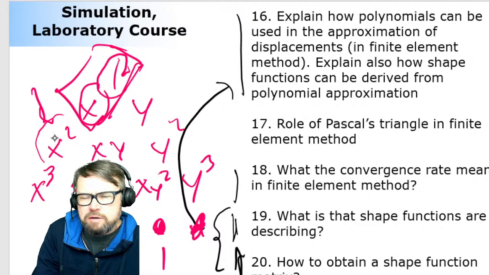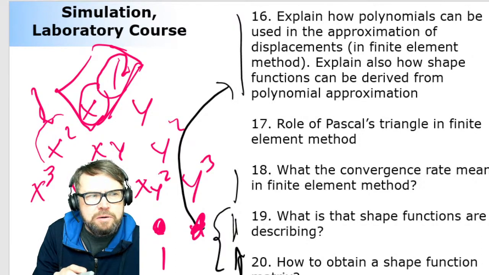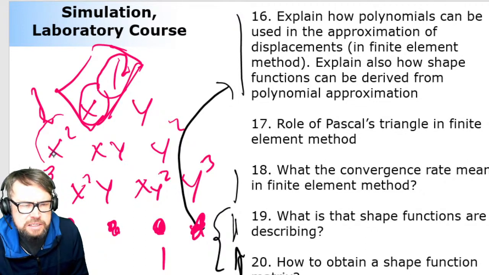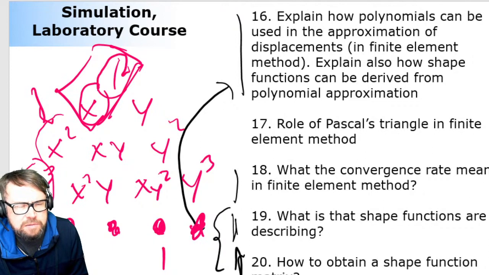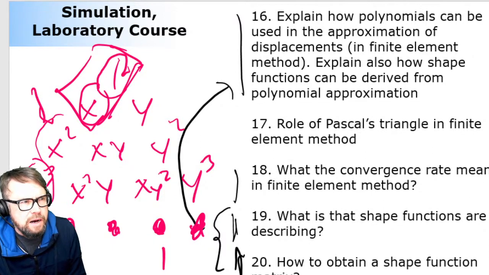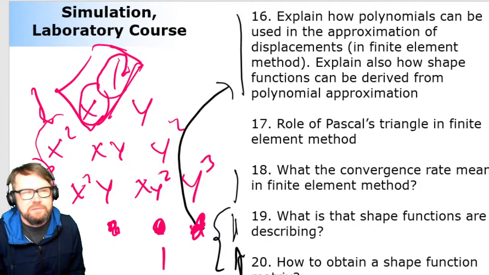This is not a mandatory component, and because it's not mandatory, instead of x power 2, you can select x power 3. And sometimes the good elements, the elements with a high convergence rate, are built exactly this way, in a way that you don't select the polynomials consistently from the Pascal's triangle, but you select them selectively, and then you just try how well they perform.